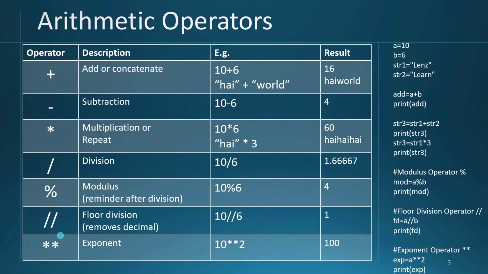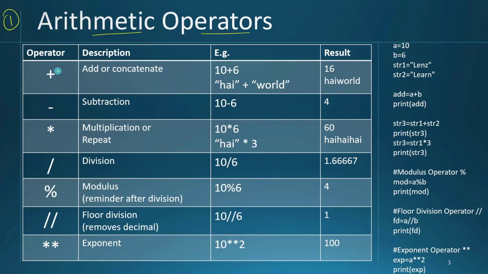Now we are going to see some of the operators which are defined inside Python. There are different types of operators defined in Python, like arithmetic operator, logical operator, then assignment operator, and it goes like that. So now let us study each of those operators one by one. The first type of operator that we are going to study is the arithmetic operator.